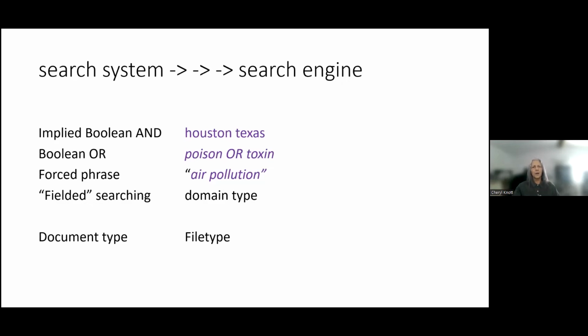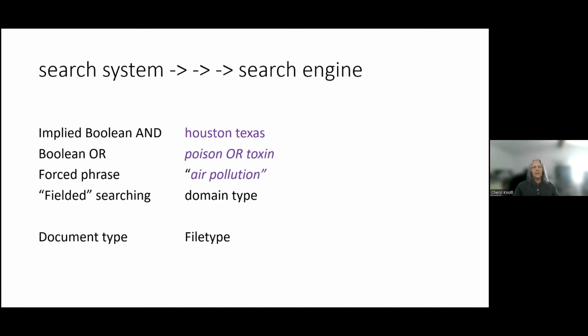So both of those keywords have to be somewhere in the result that's retrieved, the Boolean or, the forced phrase. And we might think of domain type as a kind of fielded searching, so limiting just to a particular domain might be similar to limiting to a particular kind of material or a particular location or publisher.